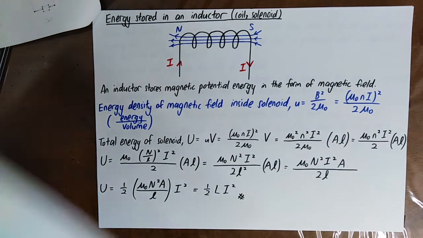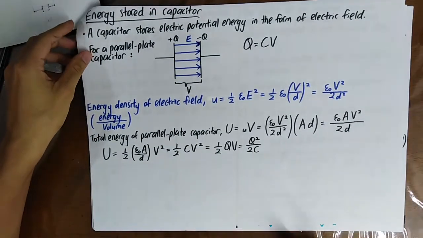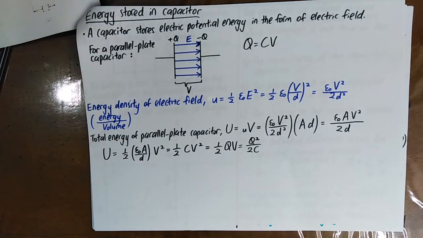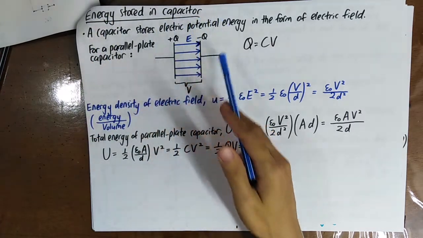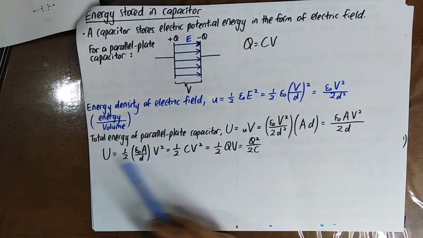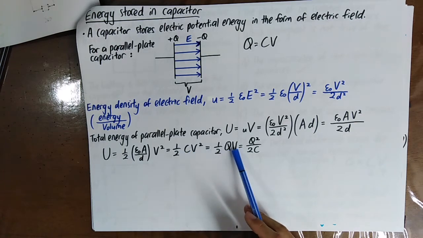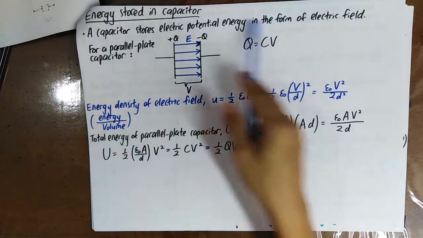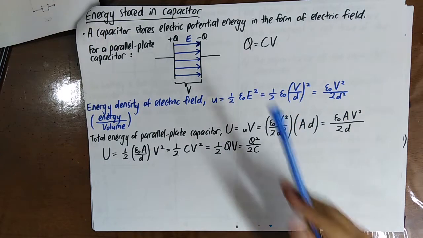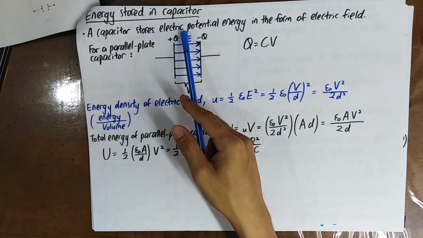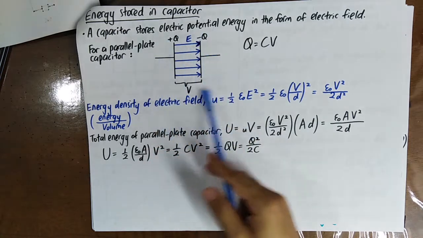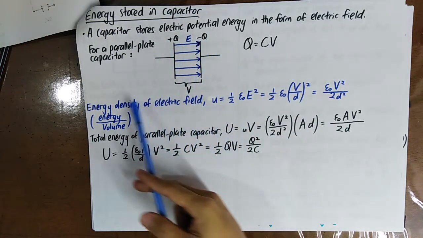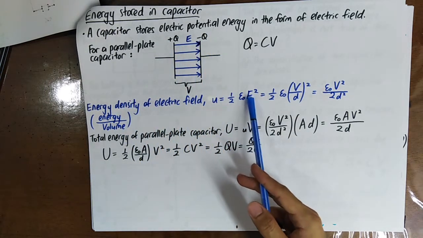You recall that in video 13.1, when deriving the energy stored inside a capacitor, you get U equal to half CV squared, equal to half QV, equal to Q squared over 2C. The capacitor stores electrical potential energy in the form of electric field. For a parallel plate capacitor, the energy density is half epsilon naught E squared.